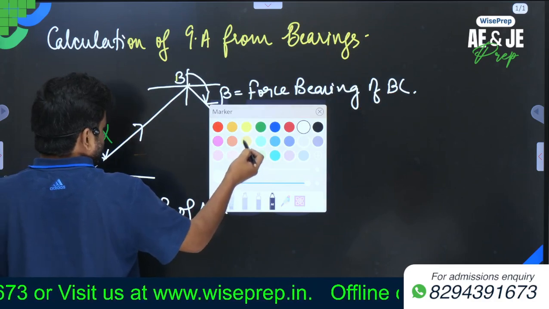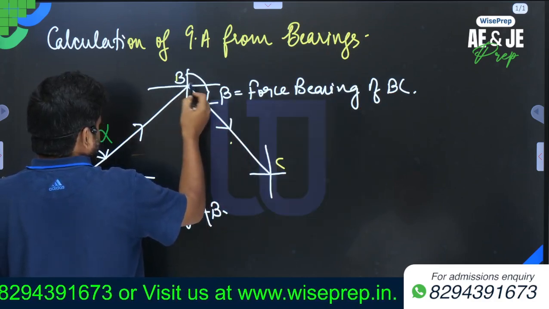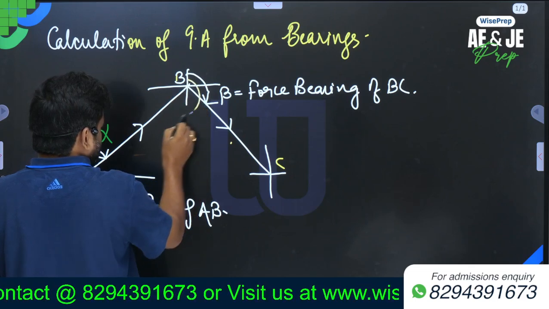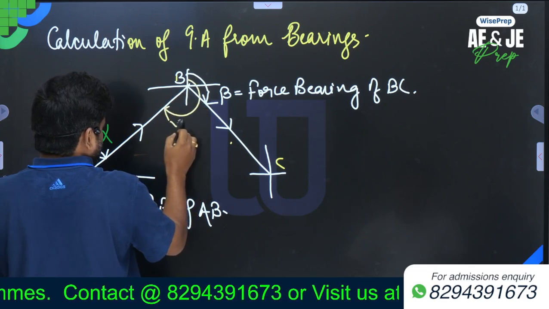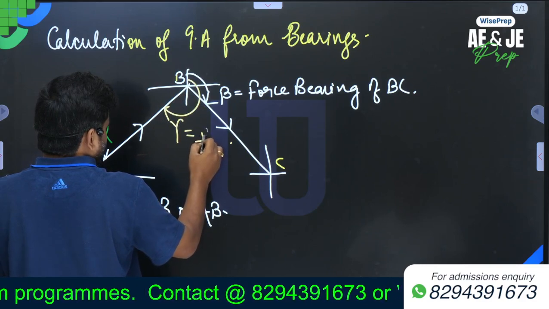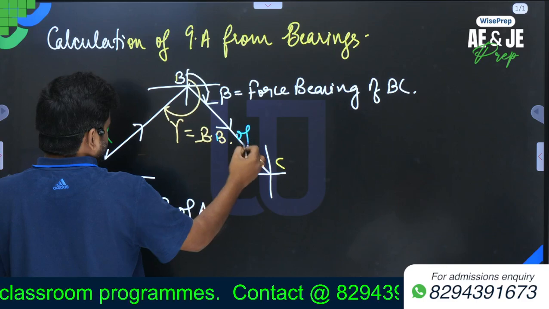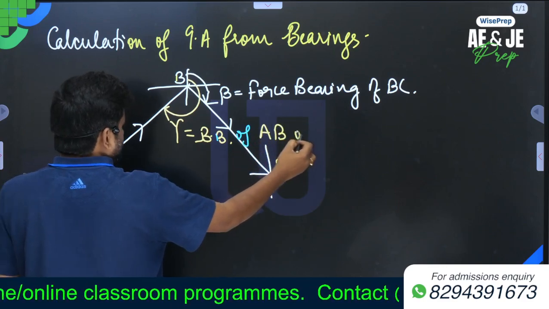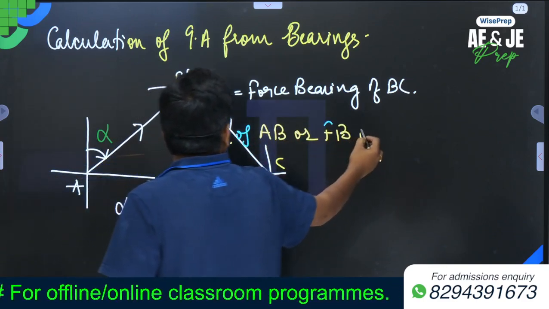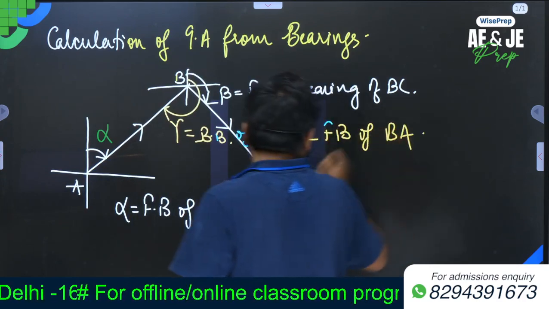Now this is, let it be gamma. So this is what? Back bearing of AB or forward bearing of BA.